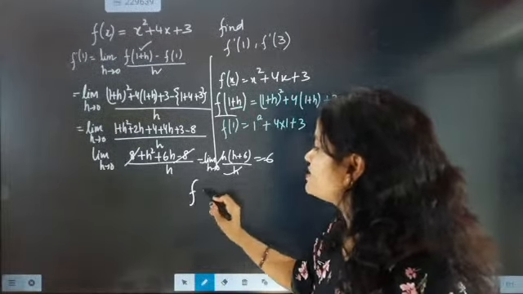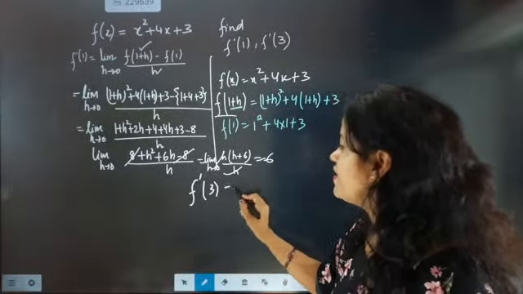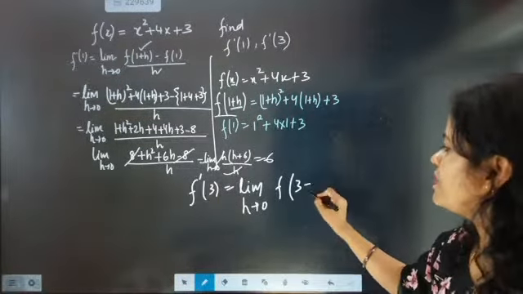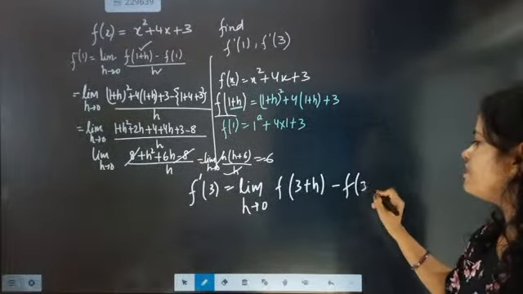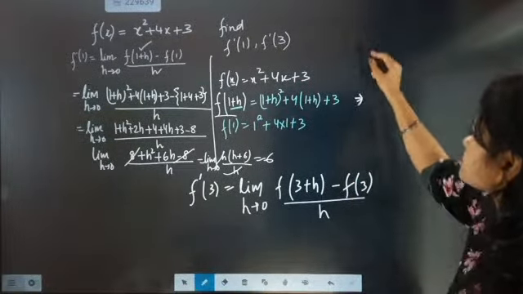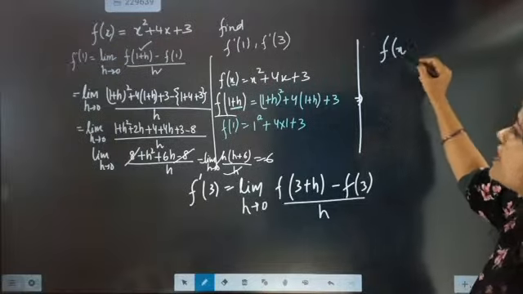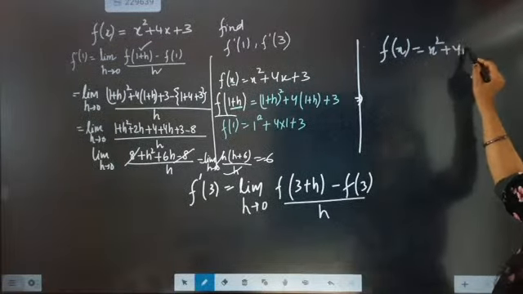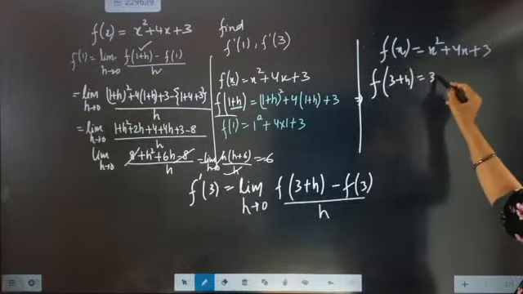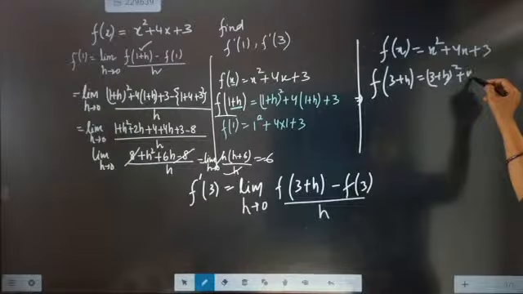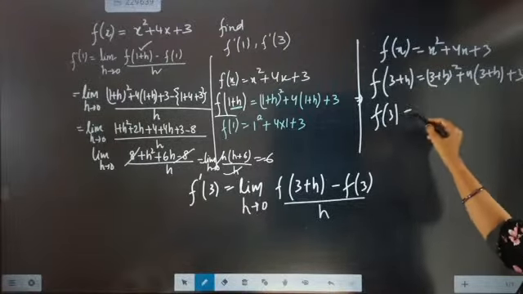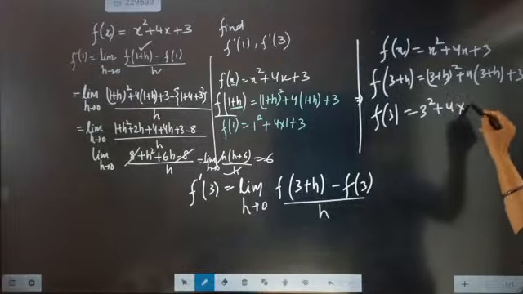Now look here, again the same thing, but here f dash 3 is there. That means limit h tends to 0, f of 3 plus h minus f of 3 by h. So now instead of 1, what are you going to write? Here f of x equals x square plus 4x plus 3. Now x becomes 3 plus h, so it becomes 3 plus h whole square plus 4 into 3 plus h plus 3, and f of 3 equals 3 square plus 4 into 3 plus 3.